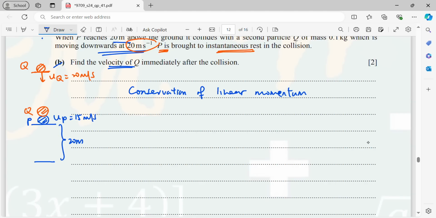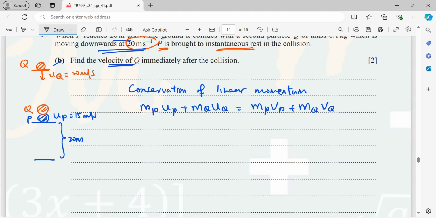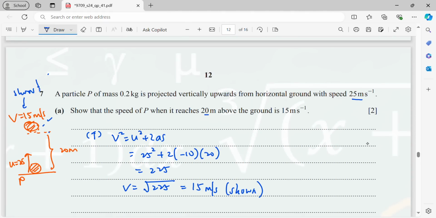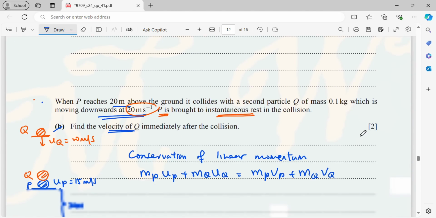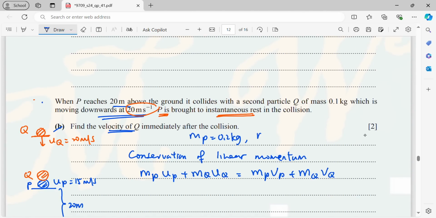Now, for this, I will just write before the collision: MP UP plus MQ UQ equals MP VP plus MQ VQ. Okay, so the MP, now go back to the previous part. MP is 0.2 kilograms. MQ is 0.1 kilogram. So now just replace.